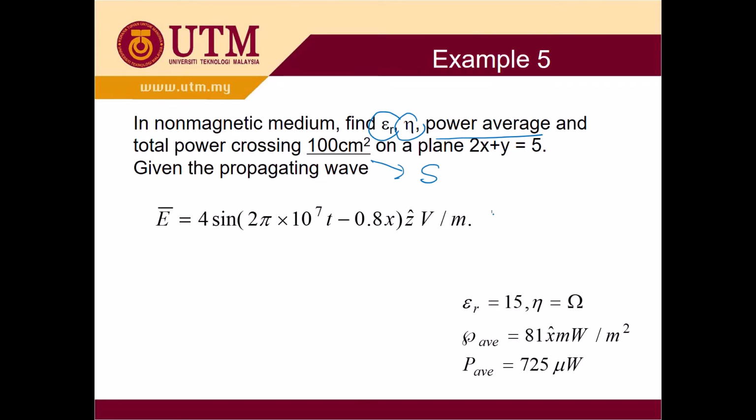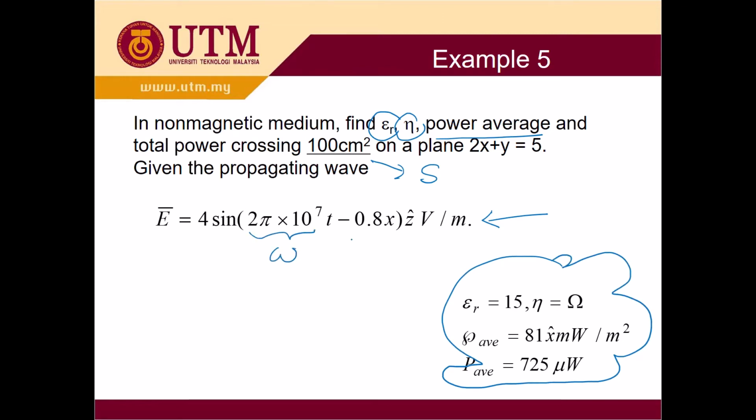This is the expression of E. Here this is omega, this one is beta, the direction of propagation is along x, and E oscillates along z.